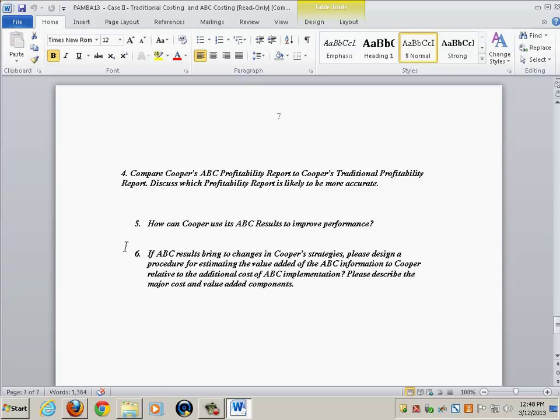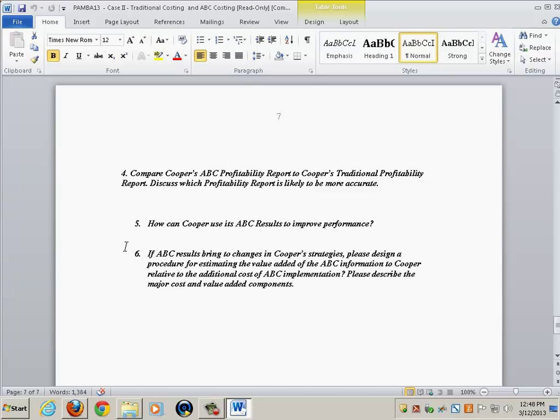comes in. If ABC results lead to changes in Cooper's strategies, please design a procedure for estimating the value added of the ABC information to Cooper relative to the additional cost of ABC implementation. Please describe the major cost and value added components. So the idea here is that you don't have numbers, so you can't do a cost-benefit analysis with numbers. You don't have numbers for the incremental cost of implementing ABC or the incremental value, but you can identify cost categories.